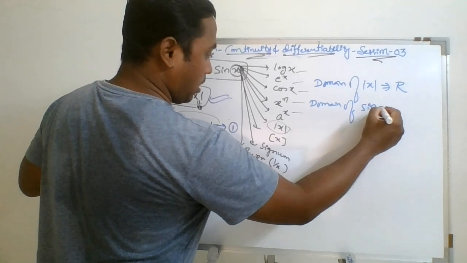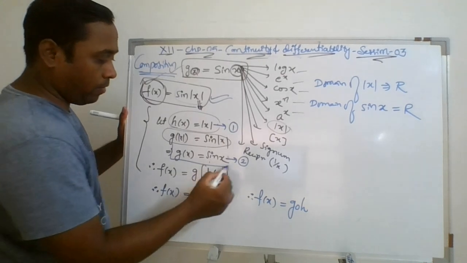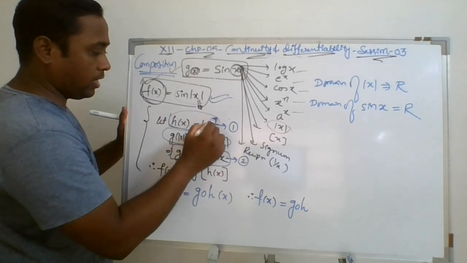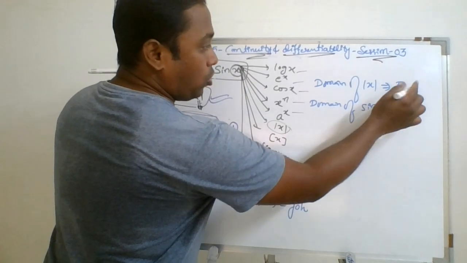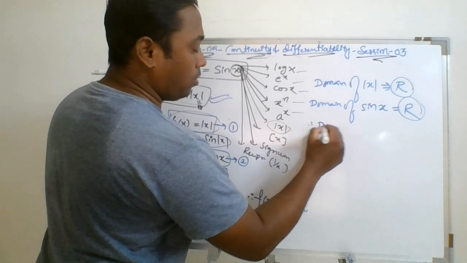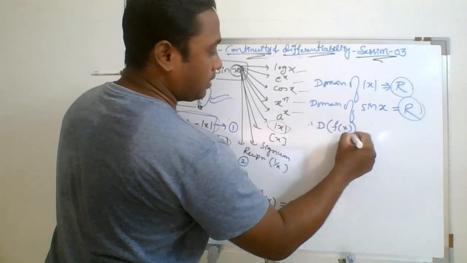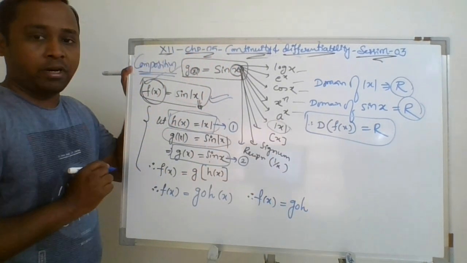Sine of mod x is simply sin x in short, because we are dealing with simple functions, this g of x and h of x, right? So now you can say the common domain of these two functions will be what? Real numbers only. So therefore the domain of f of x would be the real numbers. So again we are dealing with the common domain.